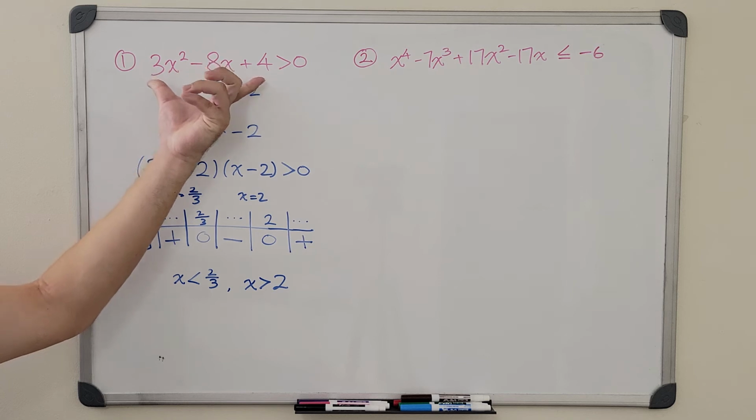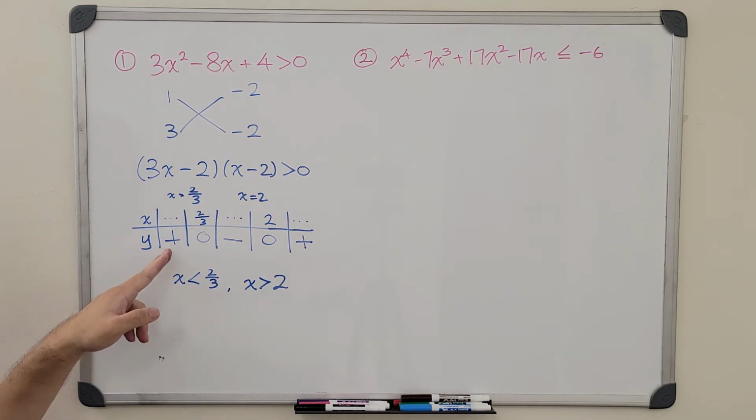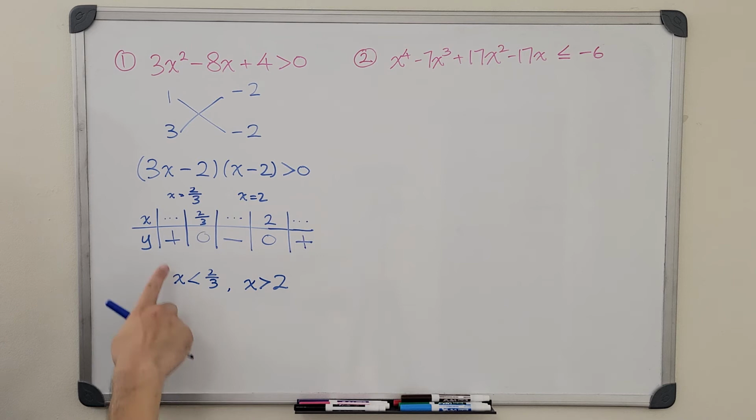Because we want the expression on the left, which is equal to the y value that we just set up, to be greater than 0. In other words, we want it to be positive. Since from this chart, no matter what value we choose that is less than 2/3, we always end up with a positive value, all the numbers that are strictly less than 2/3 will be part of the solution.